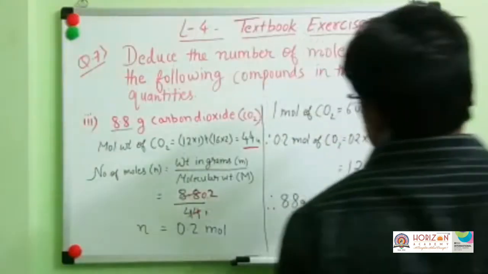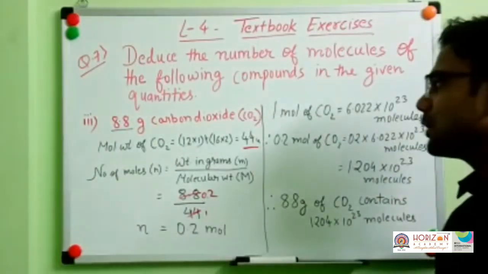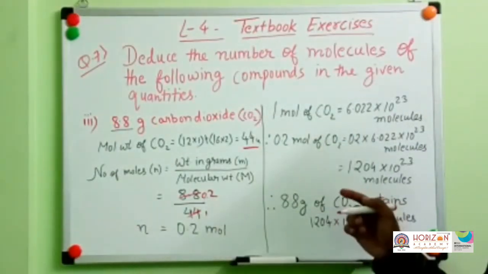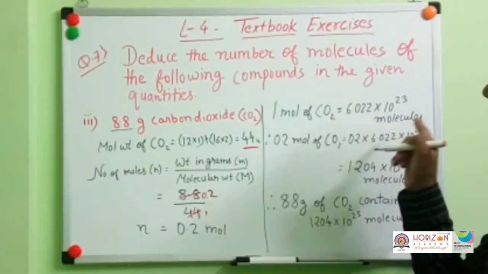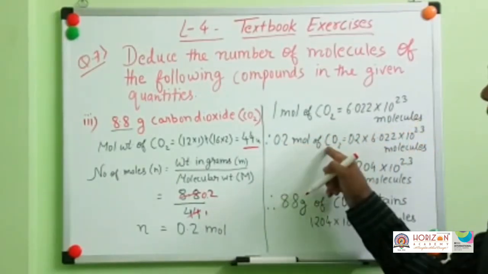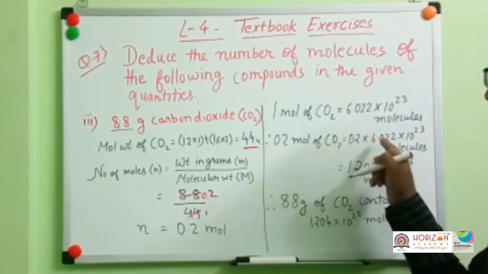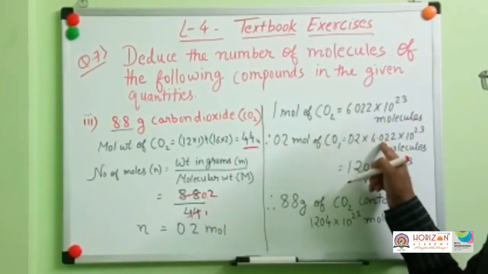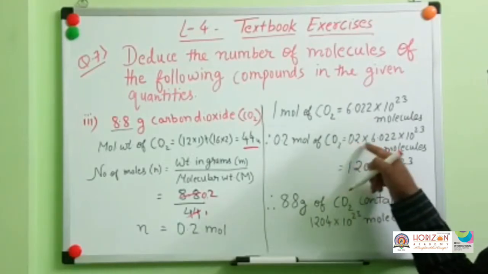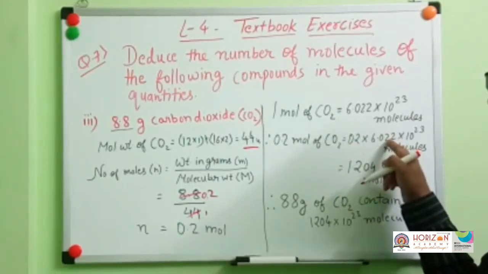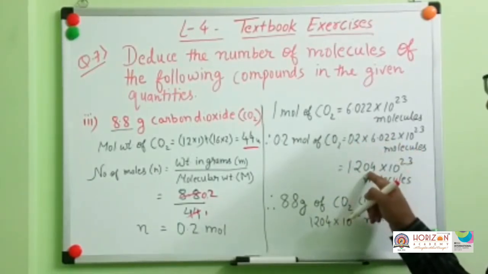Now number of molecules. Number of molecules can be calculated in a simple way. 1 mole of CO2 contains this much molecules. Therefore 0.2 mole of CO2 will contain 0.2 into this much. This is the simple unitary method. So after multiplying 0.2 into 6.022, you will get the answer as 1.204.